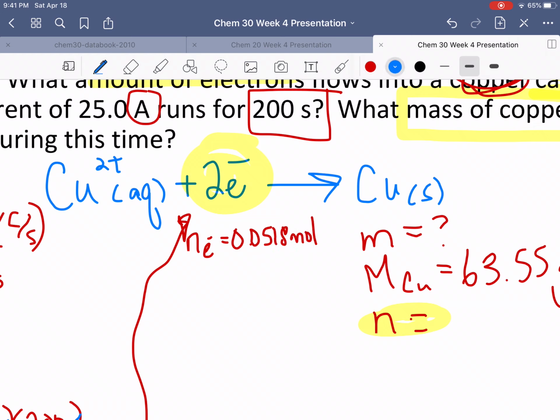How do I then relate that to number of moles of copper? Consider the ratio. If this is 2 compared to 1 in front of the copper, it's a 2-to-1 ratio. From a stoichiometric perspective, I can compare that ratio. Divide by 2 times by 1. You guys can write out the ratio too, however you want. We end up with half the amount of moles of copper solid as we do of electrons.